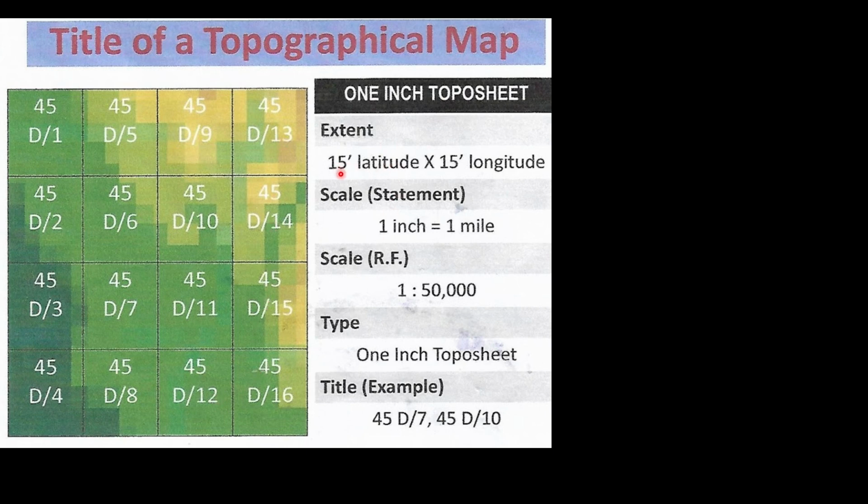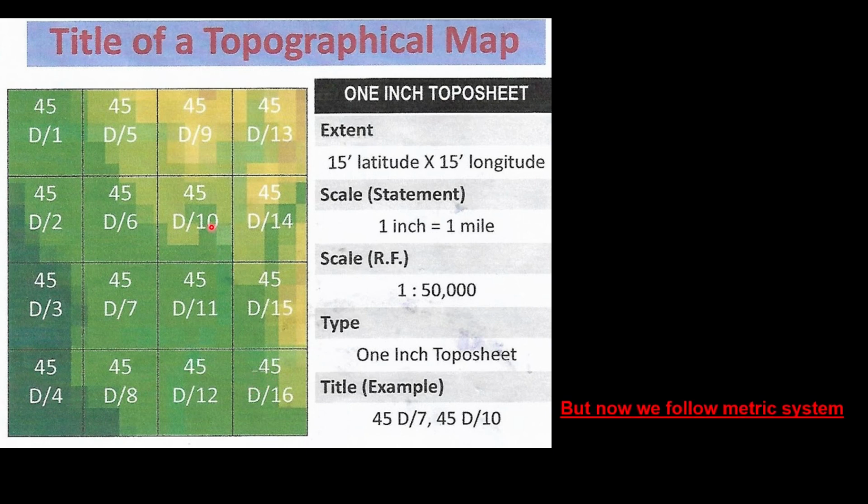This is actually 15 minutes latitude by 15 minutes longitude, the area. Now the scale, according to statement scale, should be 1 inch to 1 mile, and always the RF, which is not changed at all, is 1 is to 50,000, and the type is known as 1 inch topo sheet. And the title, that is the example of it, is 45D by 7, 45D by 10.